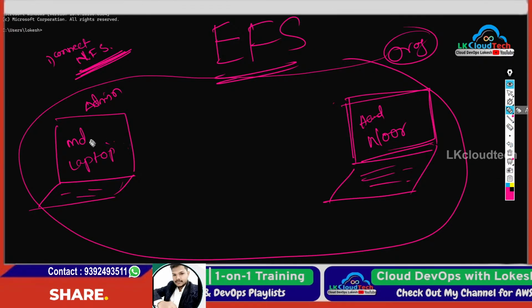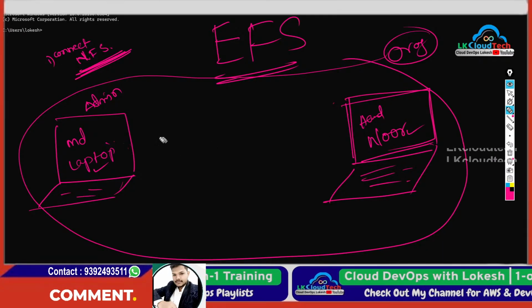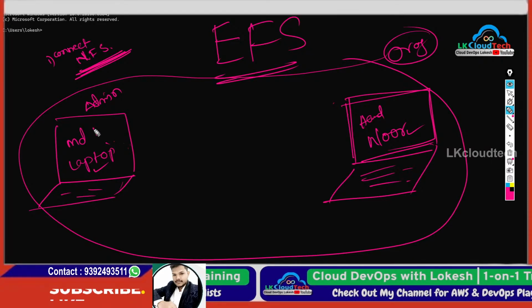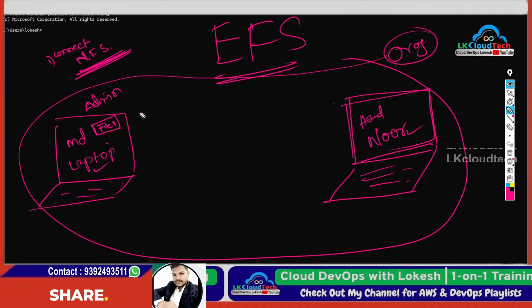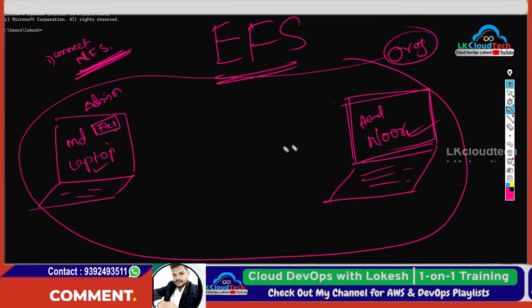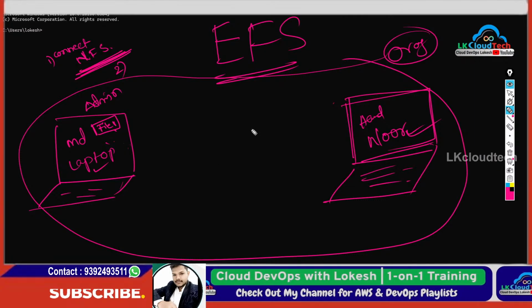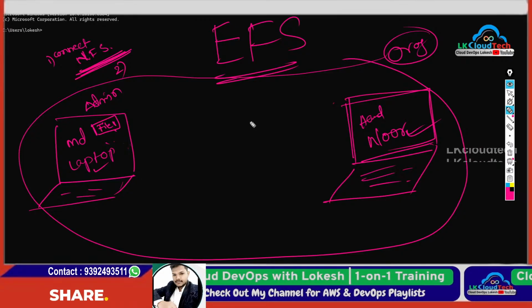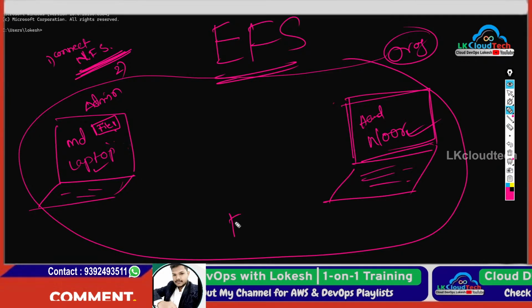For example, this is Mohammed's laptop and this is Noor's laptop. Now I want to share files. I have some file here, for example file one. I want to share this file one to Noor's laptop. How? By using EFS.